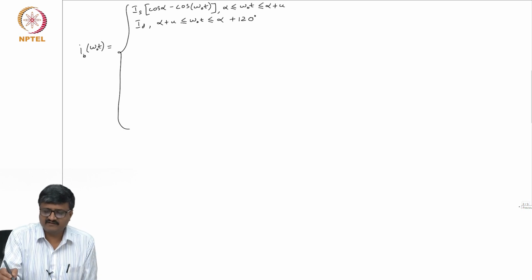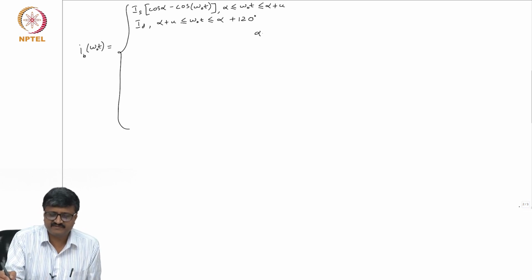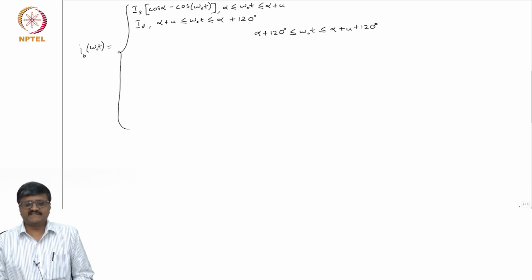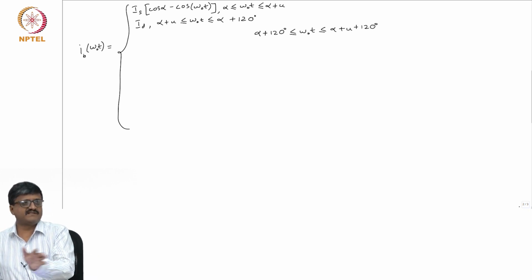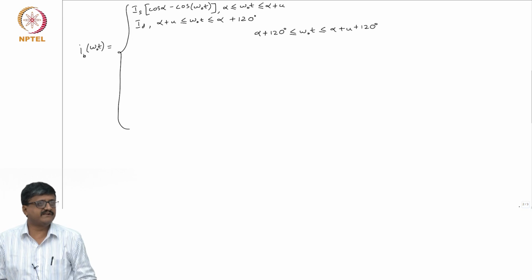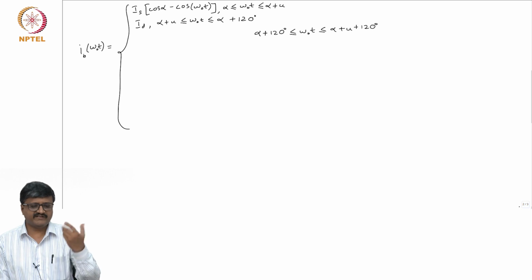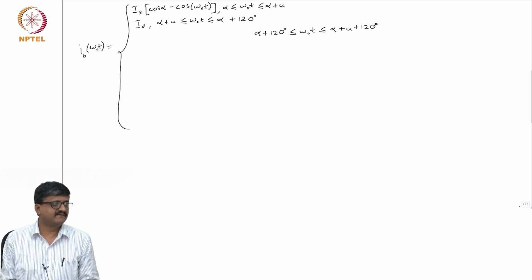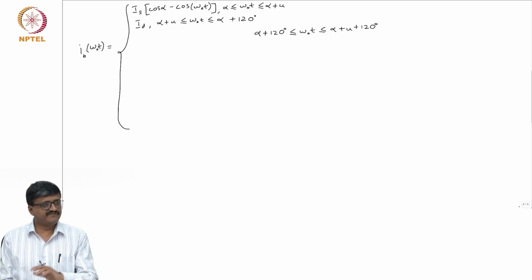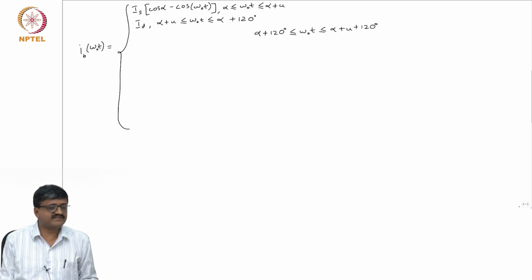I am interested in the expression for IB from alpha plus 120 to alpha plus u plus 120. Now, this subinterval is nothing but the first subinterval shifted to the right by 120 degrees. That means you take the expression for IA in the subinterval alpha to alpha plus u, and if you shift that by 120 degrees, you get the expression for IB.